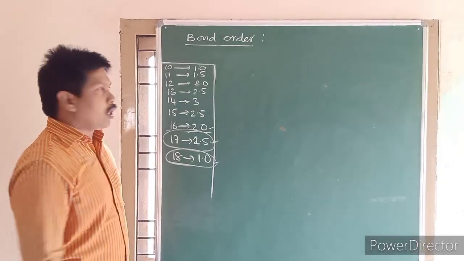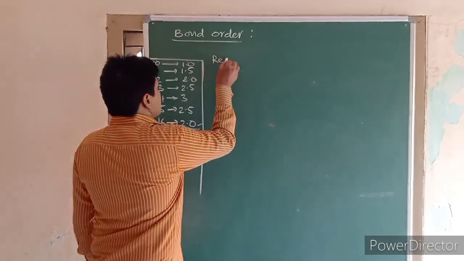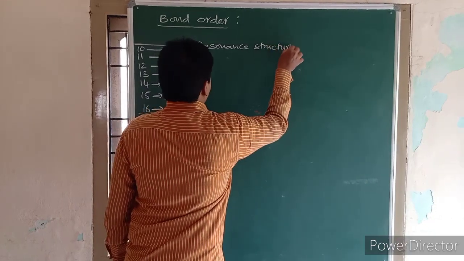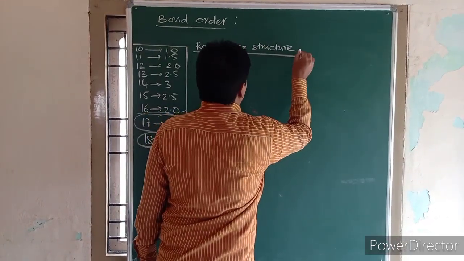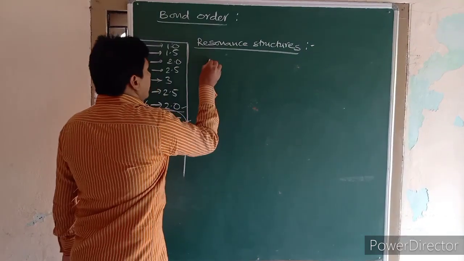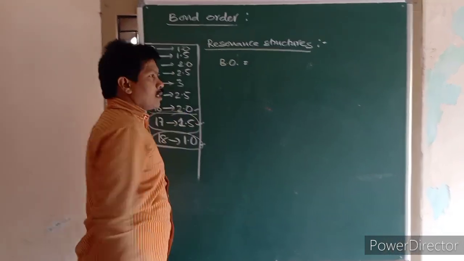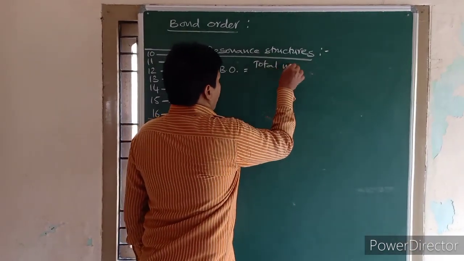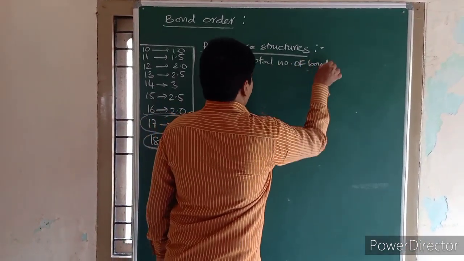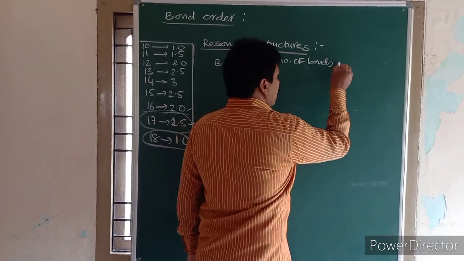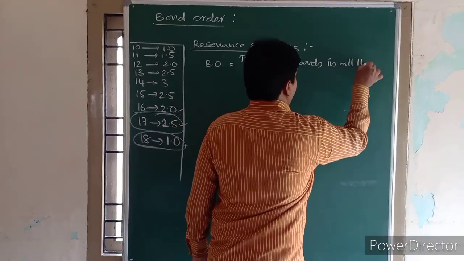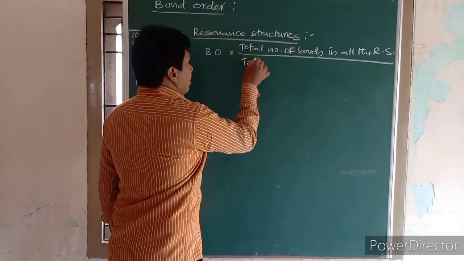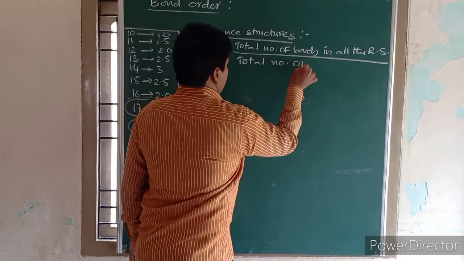Okay. And in another model, in molecules exhibiting resonance structures, the bond order is calculated like this. The bond order is equal to the total number of bonds between two atoms in all the resonance structures, divided by the total number of resonance structures.